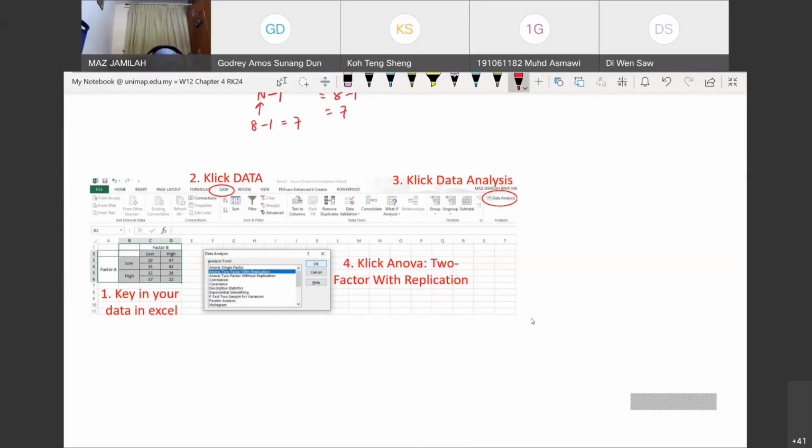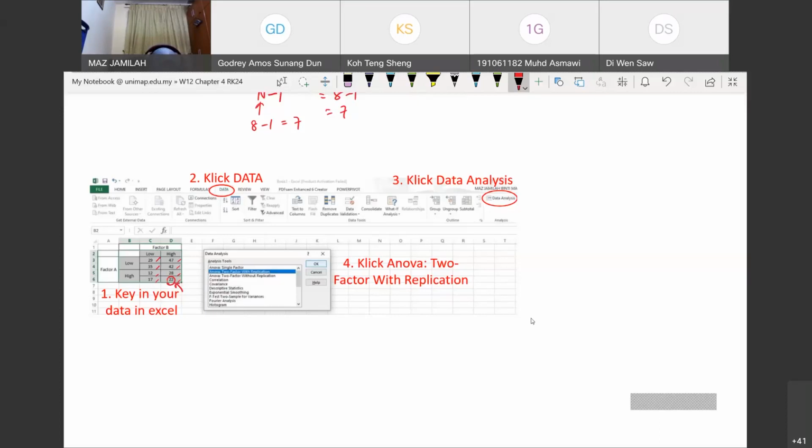Make sure you key in the correct values of your response variable. If you wrongly key in even one number, your whole ANOVA table is useless. So before you go further to the second step, make sure all the data you have input in your table are correct.